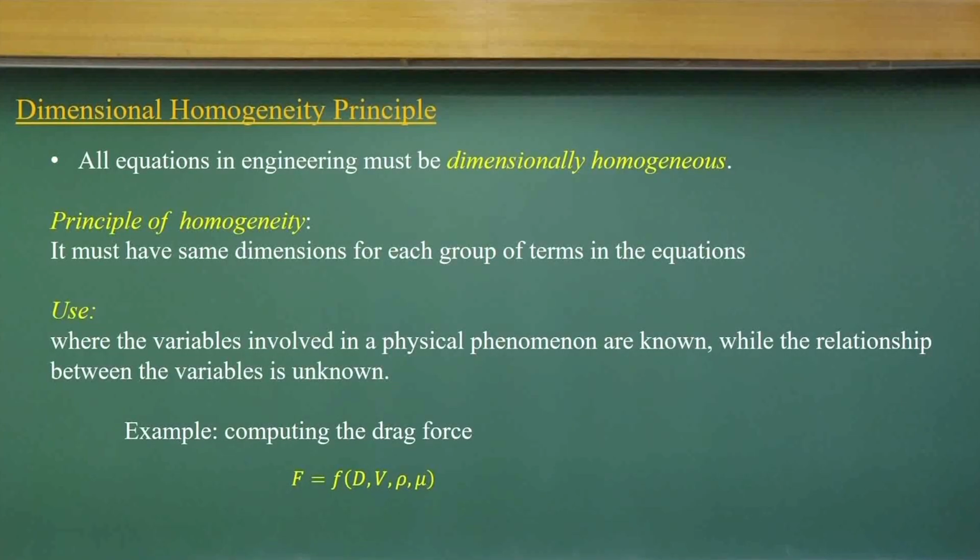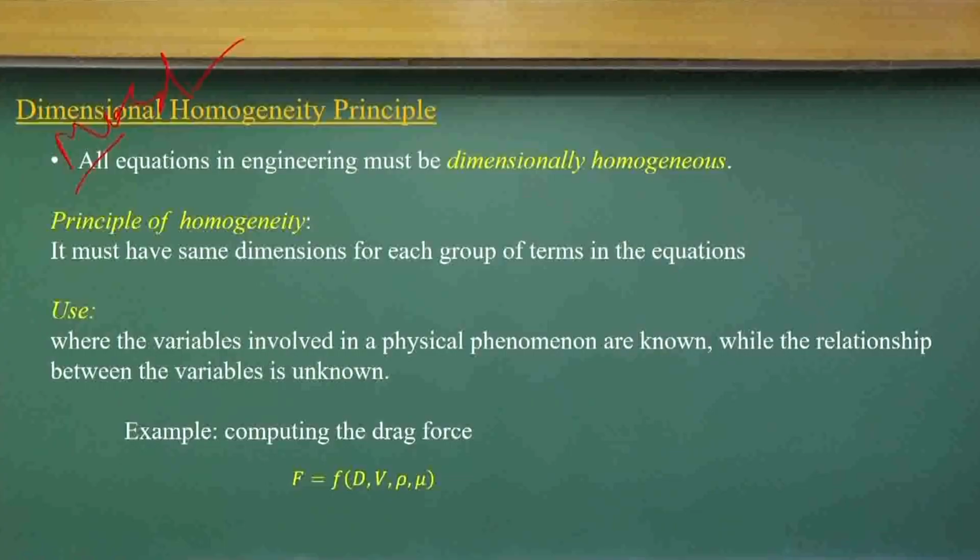Let us go to the principle of homogeneity. Most of the equations in engineering are dimensionally homogeneous, not all. Let me repeat this. It indicates that the dimensions of the two sides of the equation will be the same.